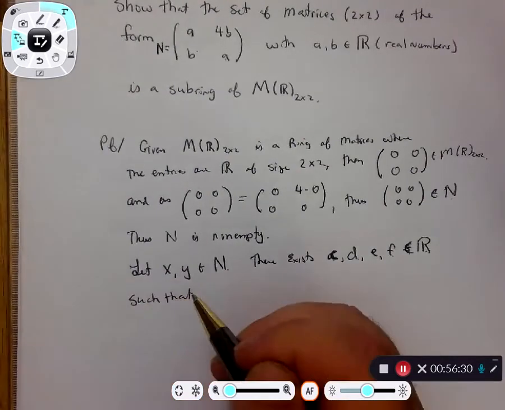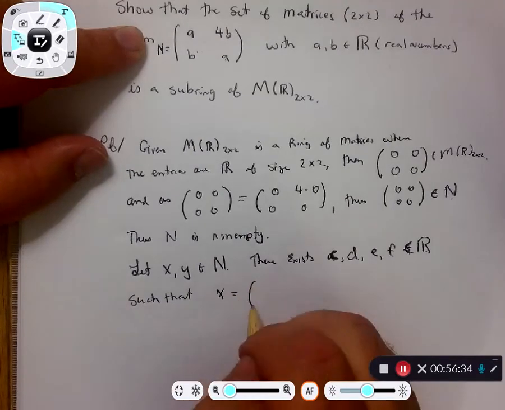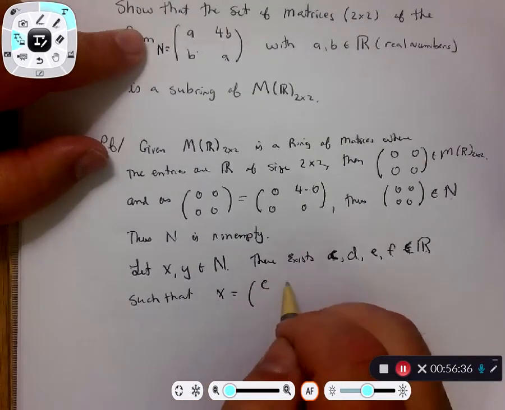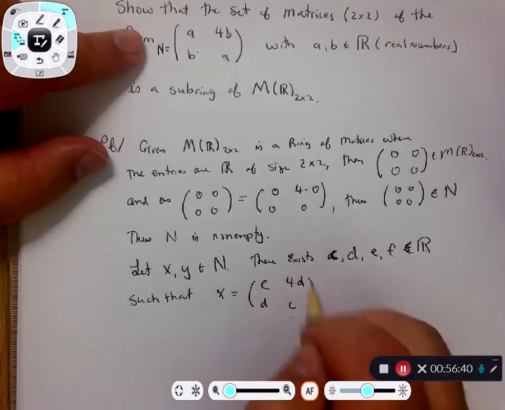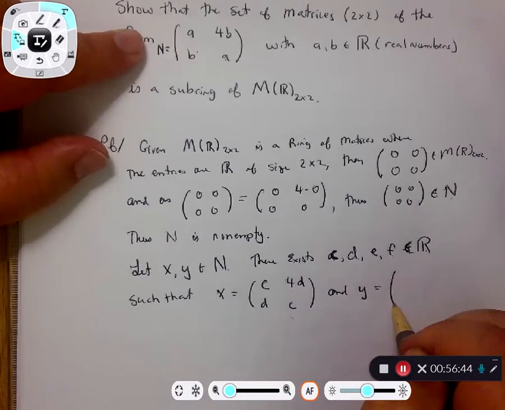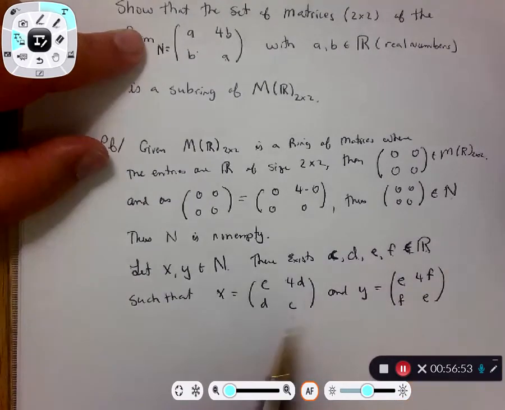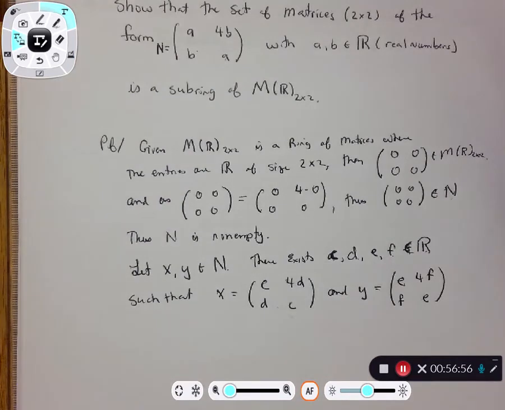I have the n structure such that x is equal to the structure C, 4D, D, C, and y is equal to the structure, using the other letters, E, 4F, F, E. So I've got that same structure. That's what I'm going for here. Okay?